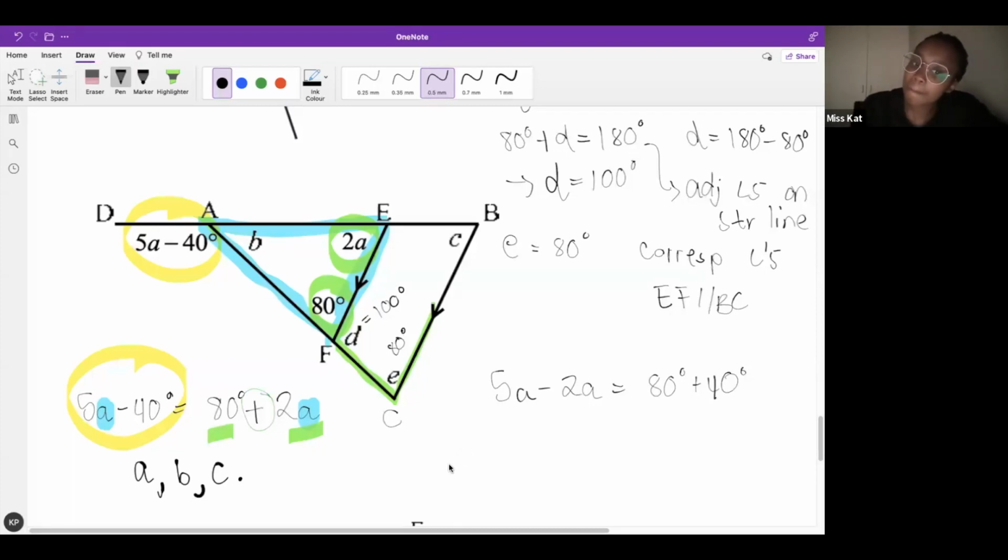And then I got 3a equals 120 degrees, and then I divided that by 3, so 3a over 3 equals 120 degrees over 3, a then equals 40. Nice. Right. You are correct. You've already done my challenge. Nice, guys.